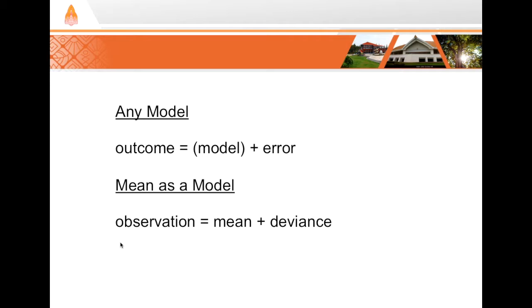In my survey of how many friends the college lecturers had, one of my participants had 4 friends. In that case, my model said college lecturers have 5.7 friends, and the deviance or error of that observation from my model was negative 1.7 friends.